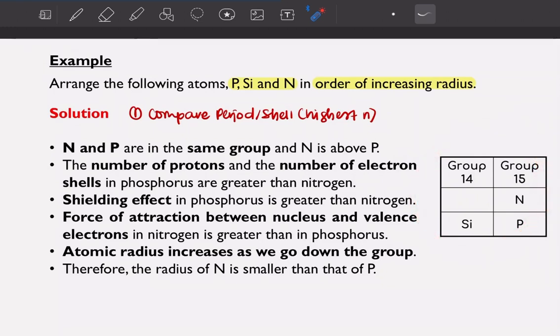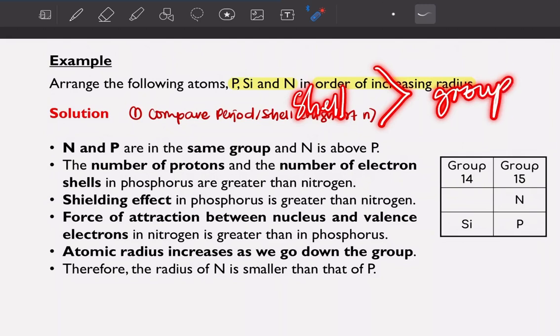we are going to compare atoms of the same shell dulu. So a point that I want to sampaikan is that the shell will be more significant in telling the size of atomic radii lah. So maksudnya banding dengan group.